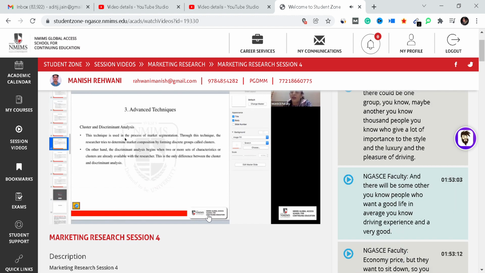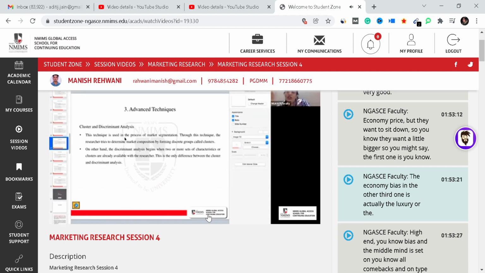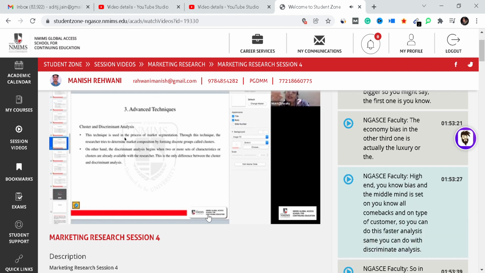And there could be some other people who want an average driving experience and a very good economy in price, but they want a sedan also. They want a little bigger car. So you might say the first one is the economy buyers. The third one is the luxury or high-end car buyers. And the middle one is a sedan, or compact sedan type of customer.